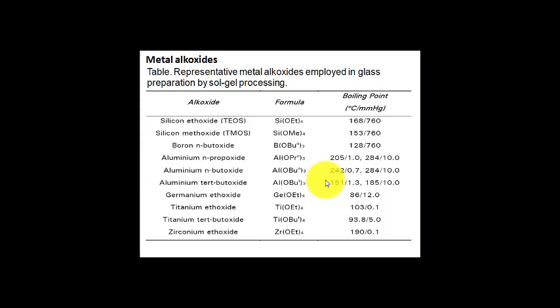The boiling point is 168 degrees centigrade at pressure 760 mmHg. Second one is silicon methoxide, TMOS. Its boiling point is 153 degrees centigrade at 760 mmHg. Next one is boron n-butoxide. Its boiling point is less, 128 degrees centigrade at 760 mmHg.